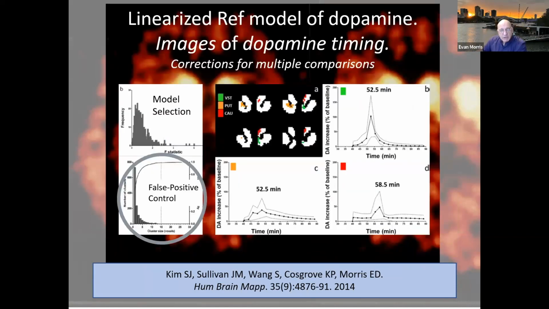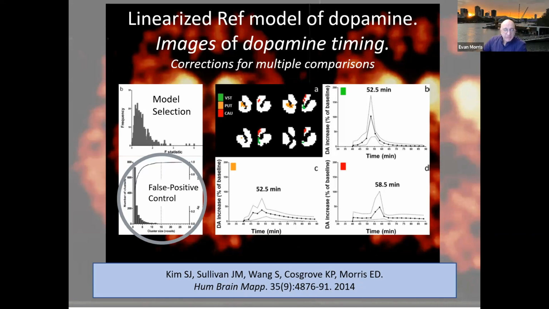The top panel on the very left is the F values to determine which voxels require a more complicated model. But what's on the bottom left shows you the distribution of cluster sizes that happen by chance. So, of course, the most common cluster of apparent activation is one voxel, but it happens by chance so often that we have to threshold it out.